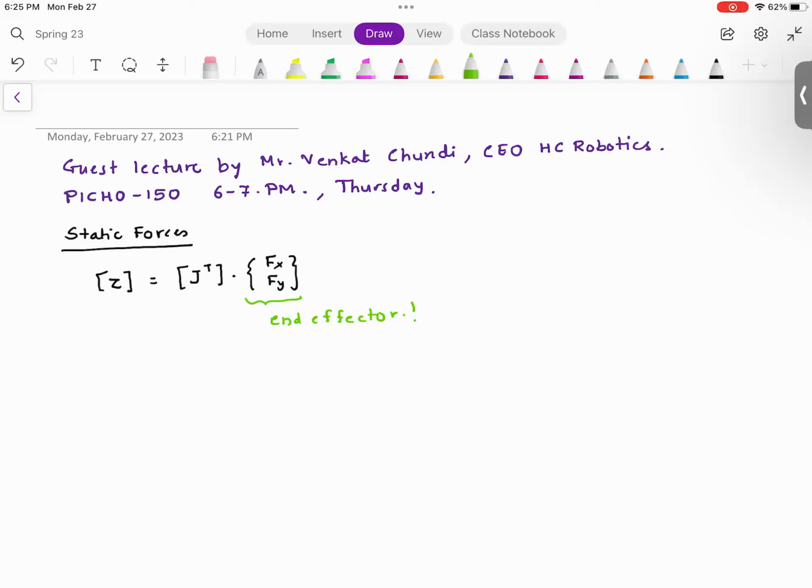And if your robot arm is moving slowly, then you can find the Jacobian at every instance and then correct it. We haven't talked about it, but once you come to robotics two, I will tell you.